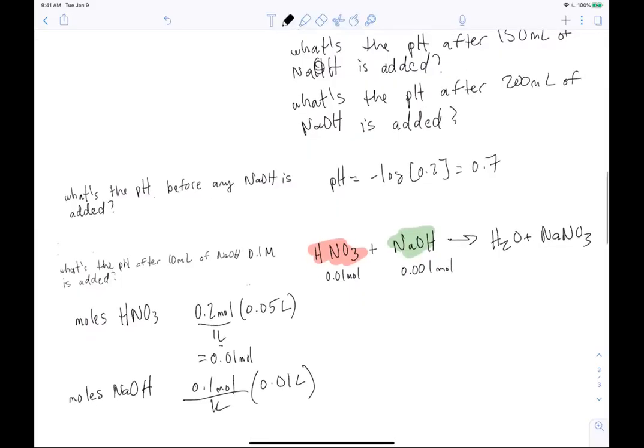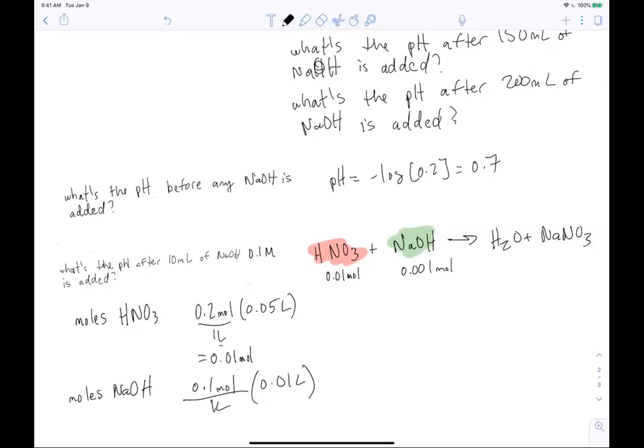So you can look at how much of your acid is reacted here. We start out with 0.01 moles.